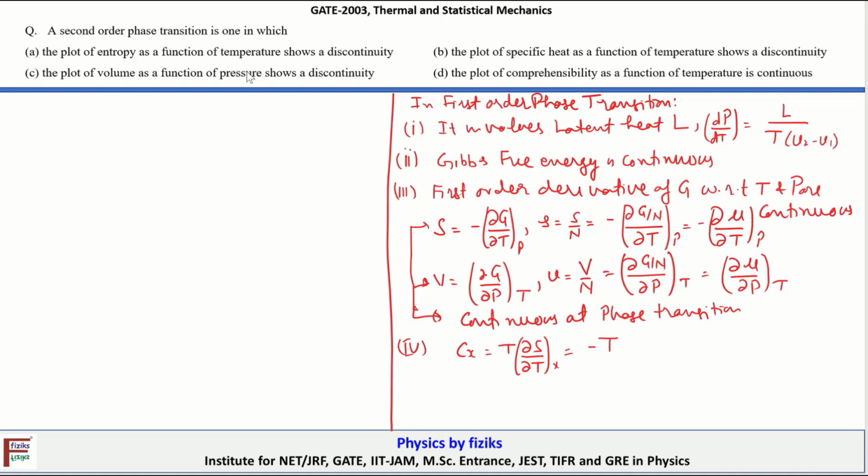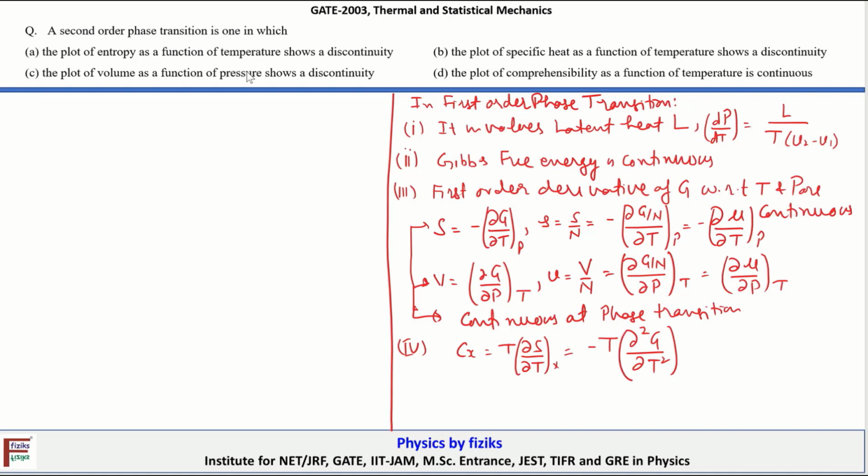So it's the lowest order derivative which determines the order of a transition. Here the heat capacity, for instance, is T dS/dT, and if we replace S with minus dG/dT, it becomes a second order derivative of G, d2G/dT squared.